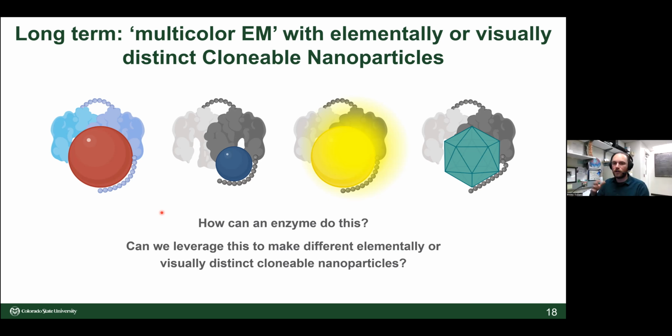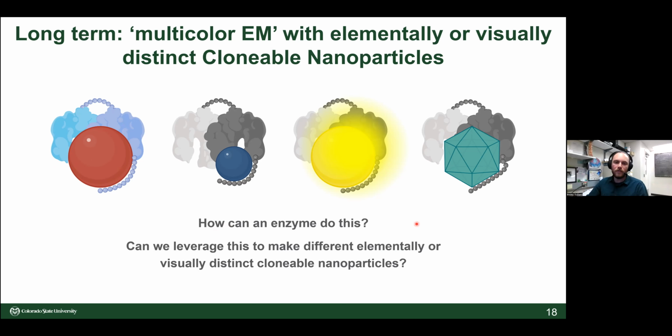You can look at how these things are interacting dynamically, which is, of course, a strength of fluorescence, but it's enabled by these tools. So right now, I've told you about a single clonable nanoparticle. We can use this, and we have shown that it's working. We have a working system.